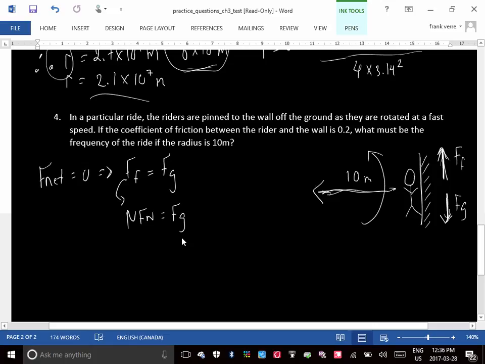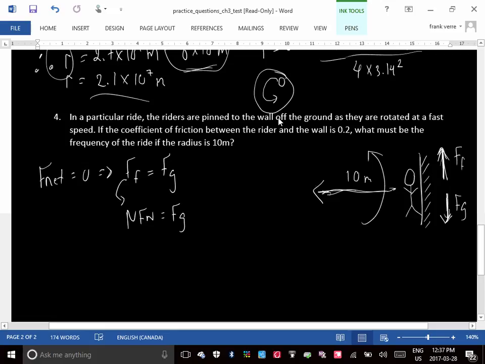Now what we can do is ask the question, what's causing this person to rotate in a circle? What would the force be then? It would have to be the normal force. It's the same as the scenario with the marble in that little circle you guys were spinning around. Why did the marble travel in the circle?